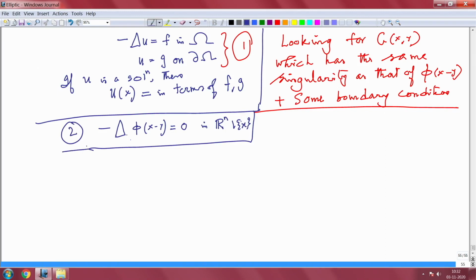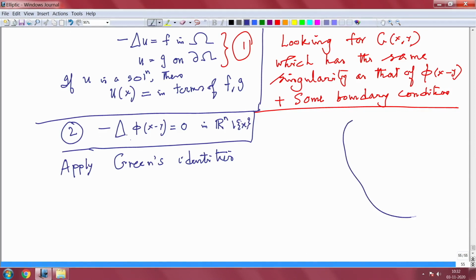Now, we are going to apply Green's identities. But phi has a singularity. So, you choose x and y in omega.